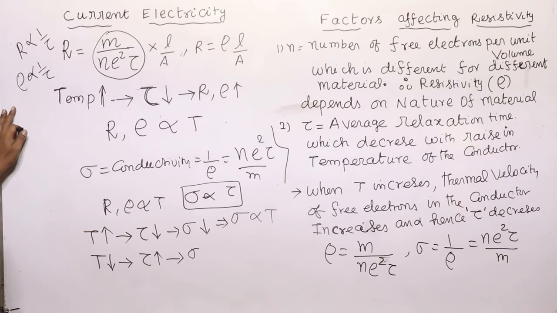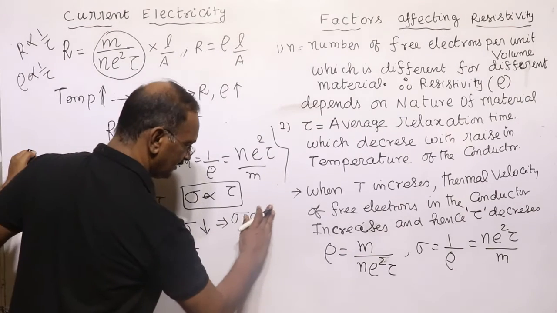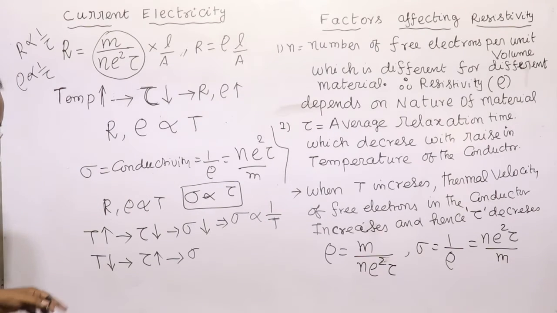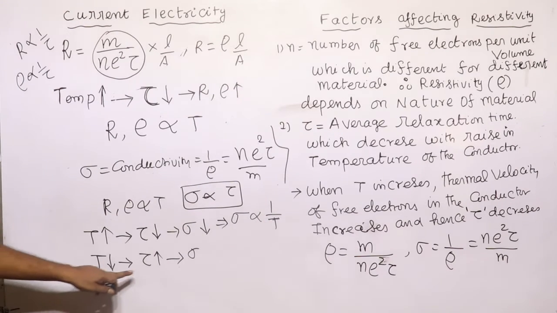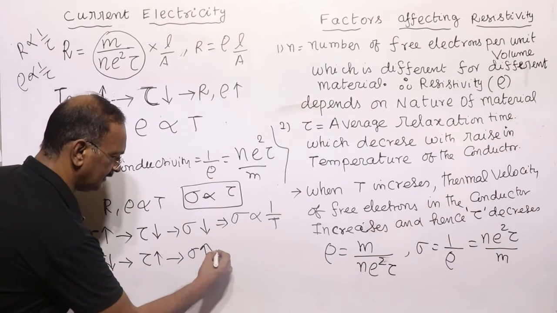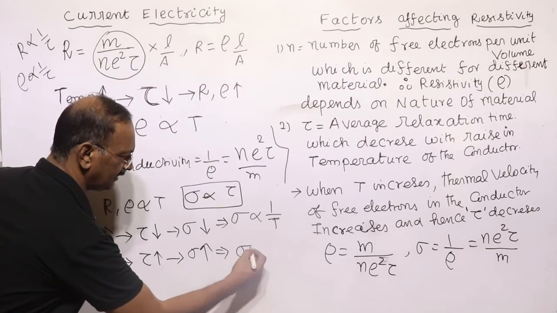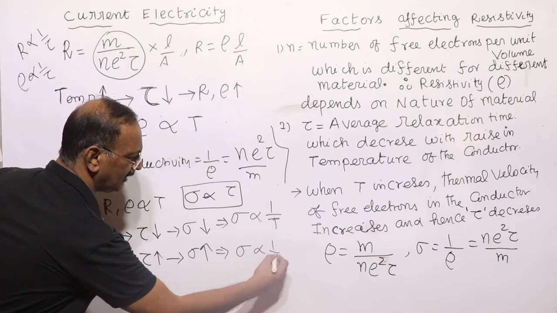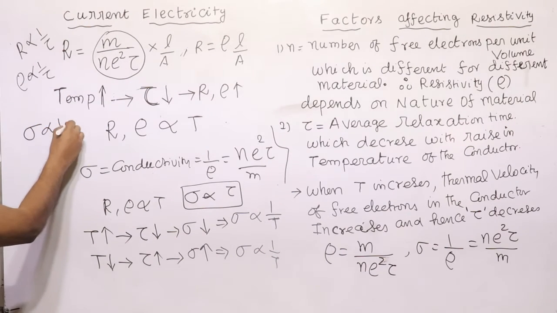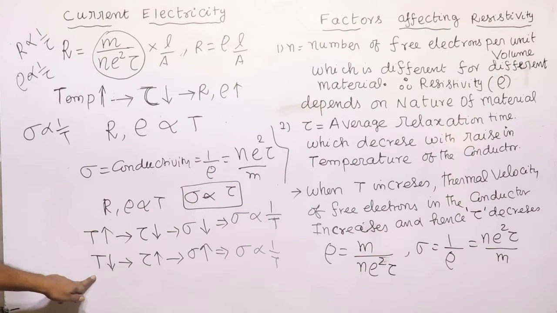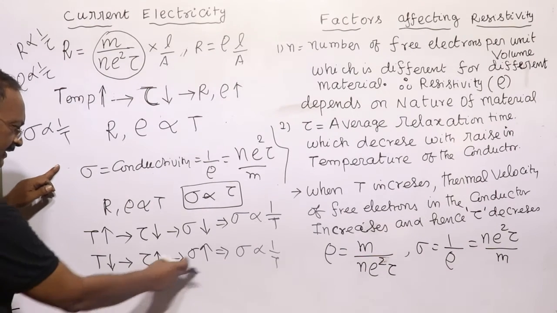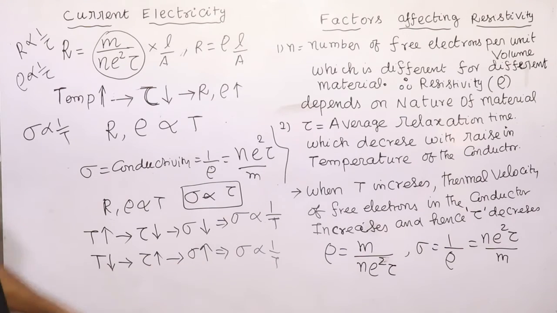It means we can say conductivity is inversely proportional to the temperature. Now temperature decreases, this will increase, and if this is increasing, this will also increase. It means conductivity, since 1 by T, is inversely proportional to 1 by T. Temperature decreasing, conductivity increases.